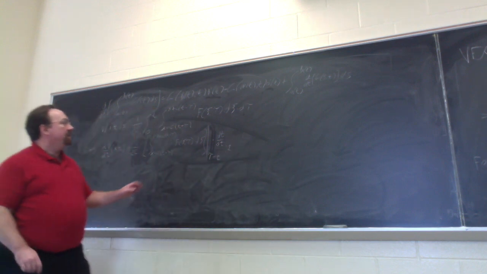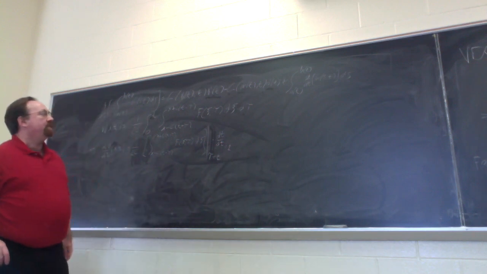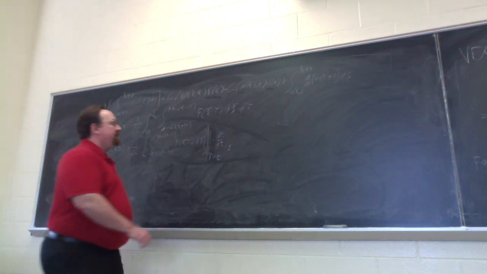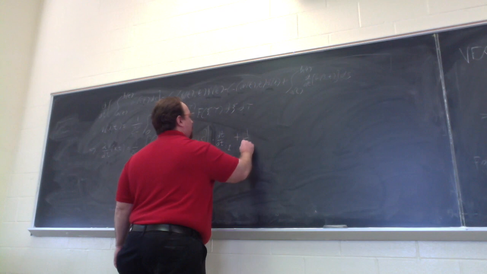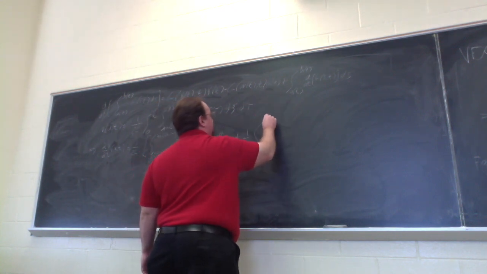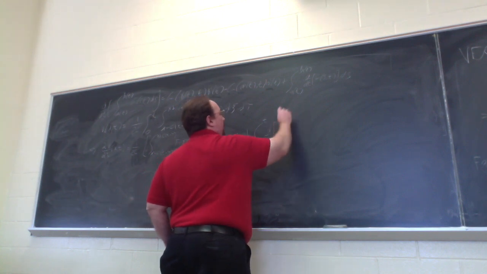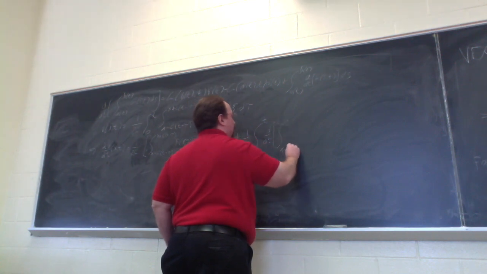And then this part we're not going to have at all because the lower limit is a constant. And then we need this integral over here that keeps the original limits 0 and t. And then we have the derivative with respect to t of whatever you have inside.